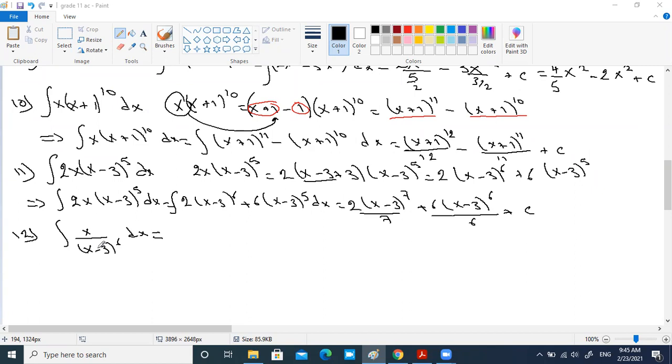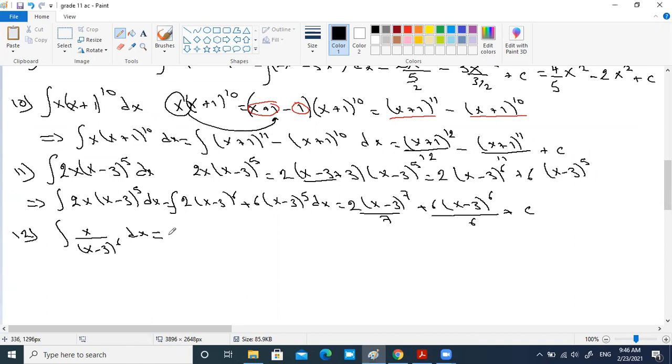Part 12: x over x minus 3 to the power 6. X minus 3 over x minus 3 to the power 6. Right. The same idea.